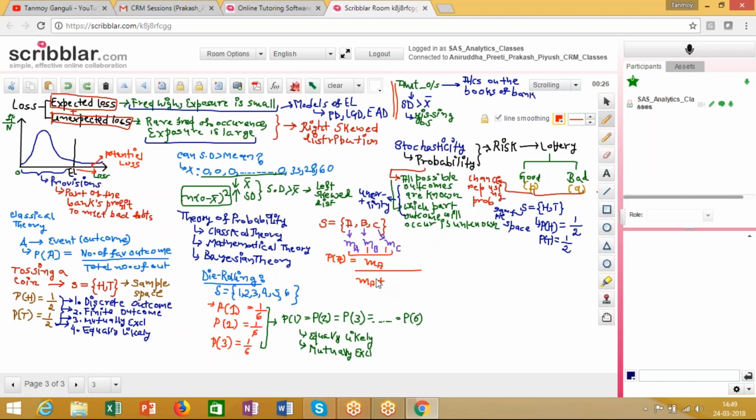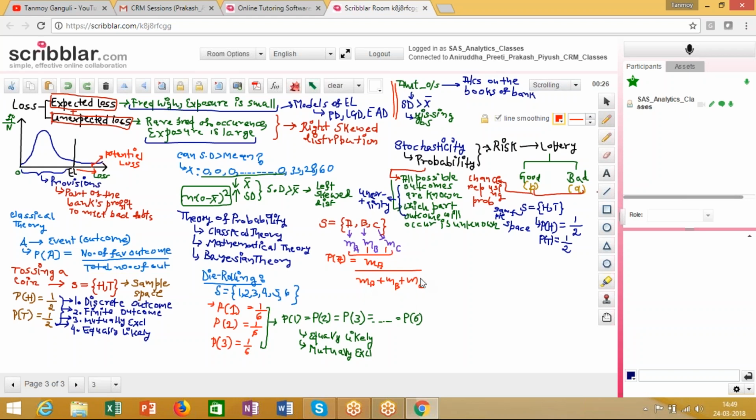Now the number of cases favorable to the occurrence of B is MB, plus MC. So obviously, MA is less than the sum of this value.